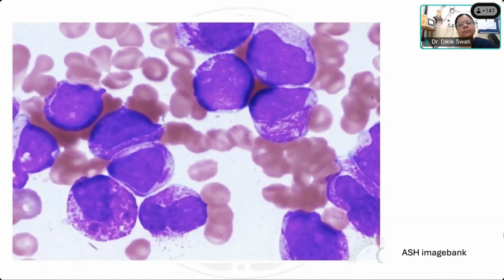What is the diagnosis? AML. Please define more. APML. It's a classical variant, right? Acute promyelocytic leukemia, classical morphology. You can see these faggot cells, these are all rods, bilobed cells, heavily granulated. So this is classical APML.